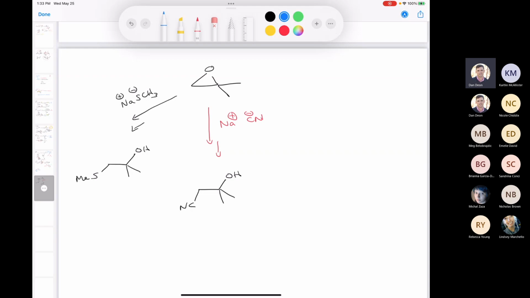The other example that they gave you was a hydride. Let's say you used LAH, lithium aluminum hydride. Again, one that doesn't show up a ton, but it can happen, right? That serves as a hydride delivery agent and it attacks the least hindered carbon so that you would end up with the same thing after protonation. You end up with just this compound. So you'd end up with tert-butanol in this case.